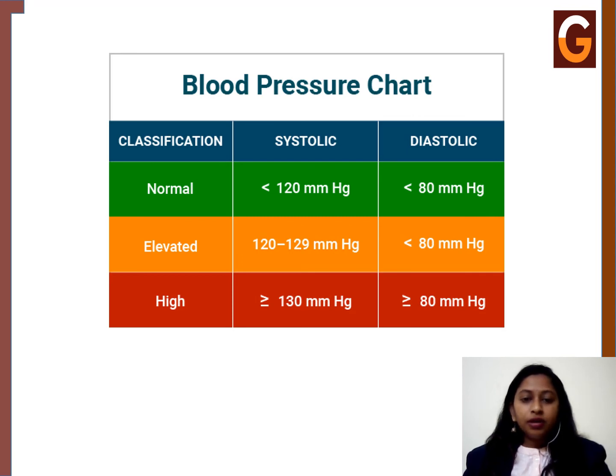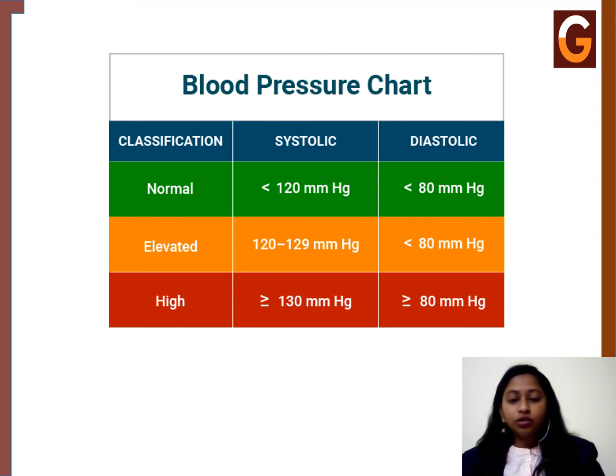So normal will be less than 120 mmHg systolic, and diastolic will be less than 80. Whatever comes in that particular zone is considered normal. Elevated will be 120 to 129 mmHg in the systolic one, and in the diastolic one it is less than 80 mmHg.